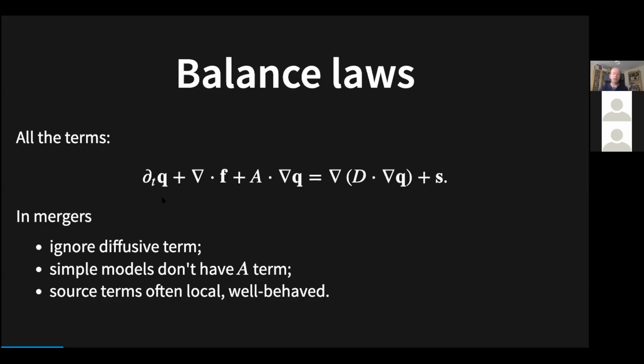So we're left with the time derivative, the divergence of the fluxes, and the source terms, and they're all going to be algebraic operations of the conserved variables, usually the energy and momentum, and other constitutive variables, Q.